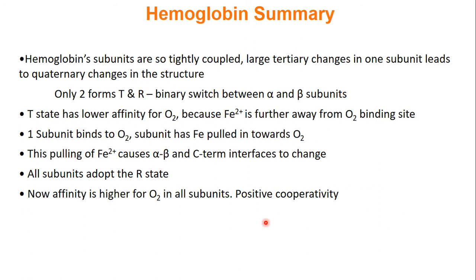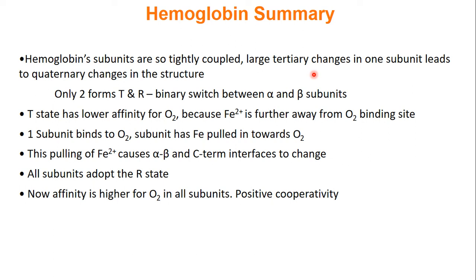So, a big summary of the structural change in hemoglobin. The 4 subunits are very tightly coupled or connected together. When you get a large tertiary change in structure of one subunit, you get a quaternary change in the entire structure.